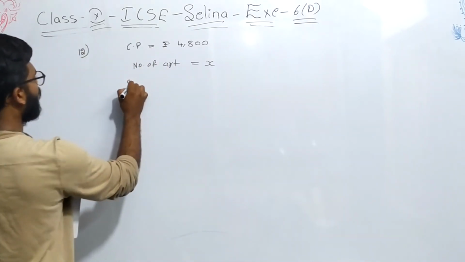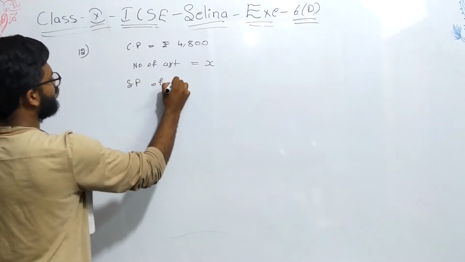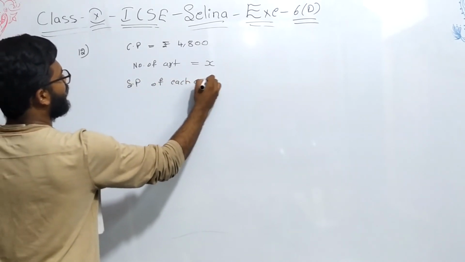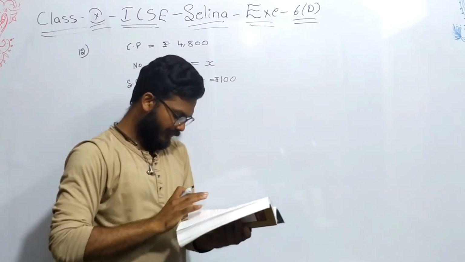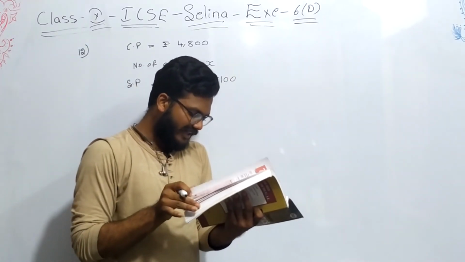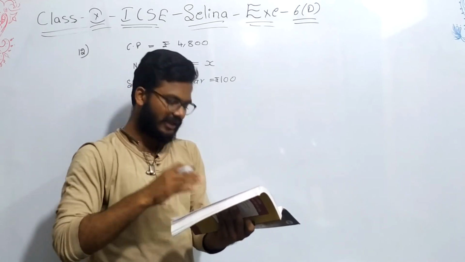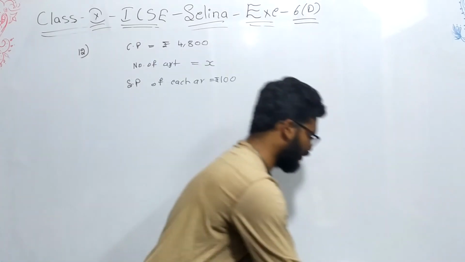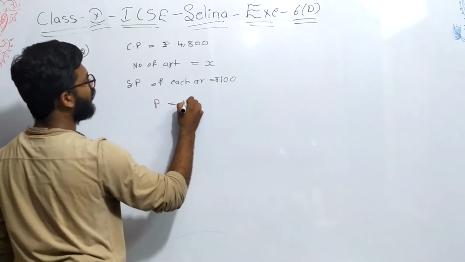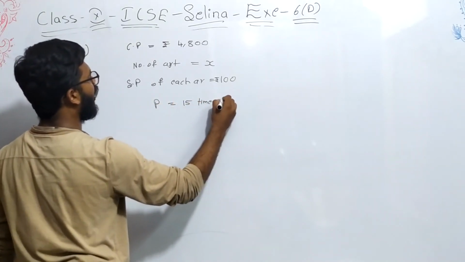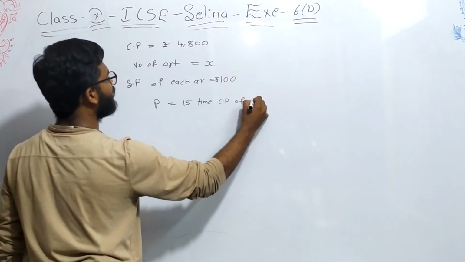So what they give? Selling price of each article is equal to 100 rupees. What are they giving? A profit equal to cost price of 15 articles is made. So they gave the profit as profit is equal to 15 times cost price of each.